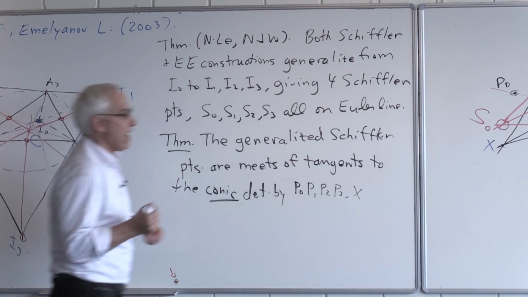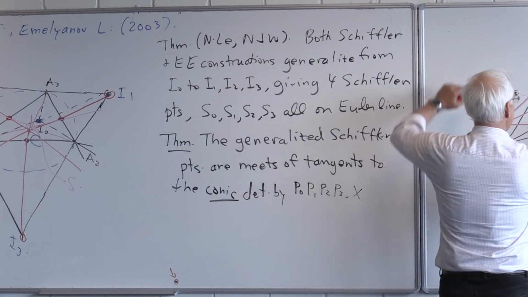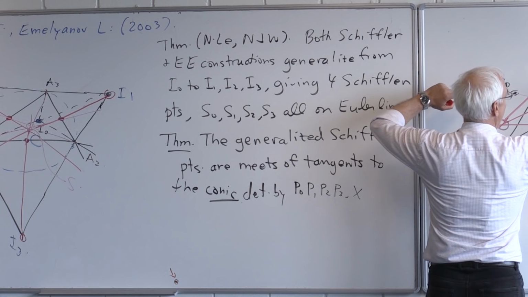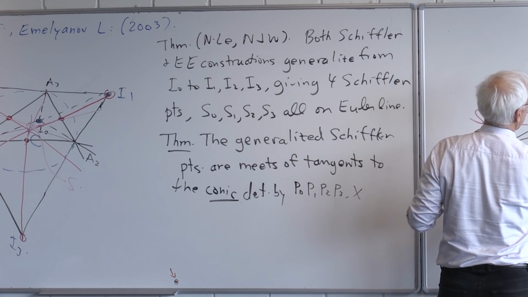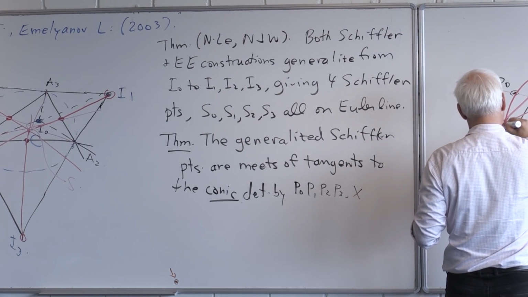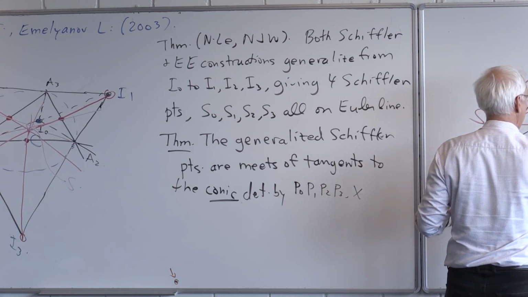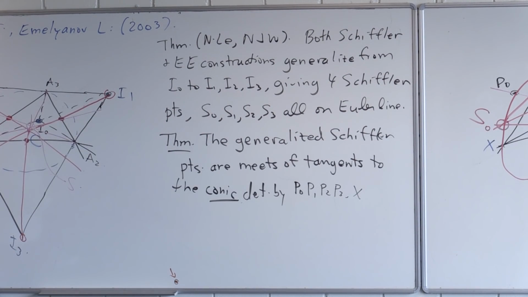So what actually happens, let me draw a picture and I will clarify. P1, P2, P3, P0, and X are 5 points, so they determine a conic. That's a conic. That conic has tangents.